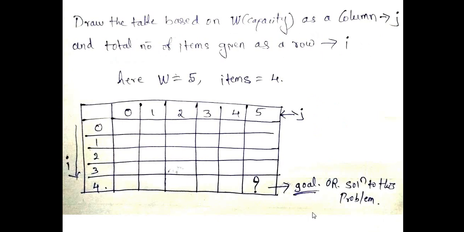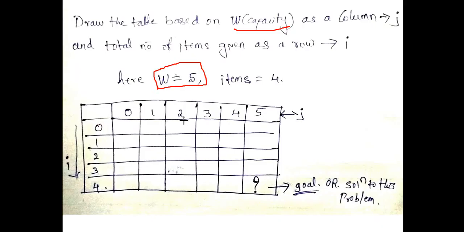Now, the first job is to draw the table based on capacity, that is capital W, as columns j. What is the capacity here? 5. So you have to write 0, 1, 2, 3, 4, 5.